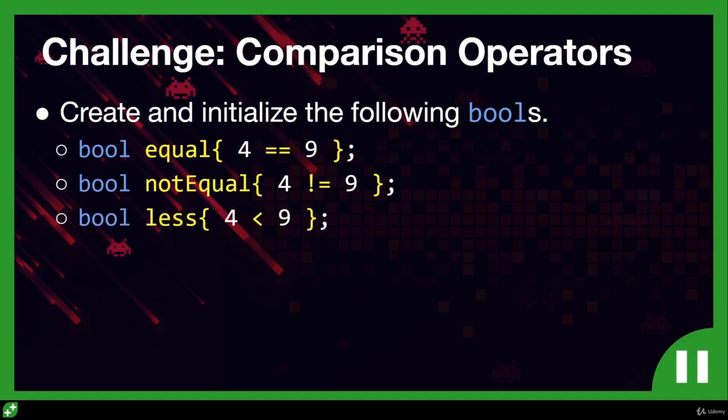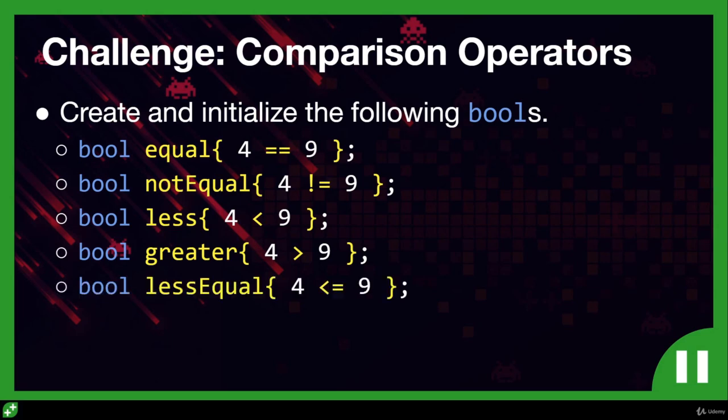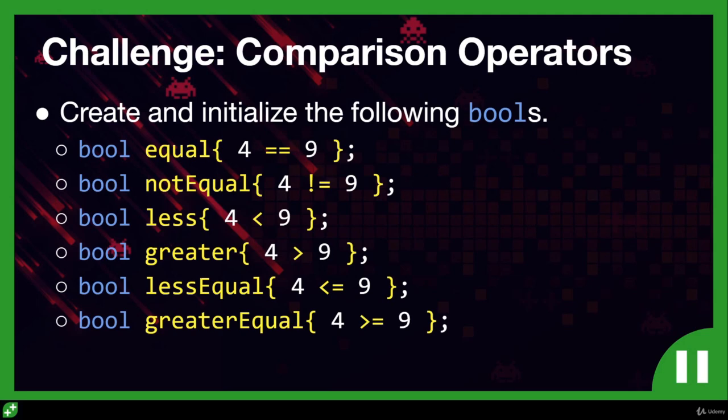Then create a bool called less and initialize it with 4 is less than 9. Then make a bool called greater initialized with 4 is greater than 9. Next, make a bool called less equal, initialized with the expression 4 is less than or equal to 9. And finally, make a bool called greater equal, initialized with 4 is greater than or equal to 9.